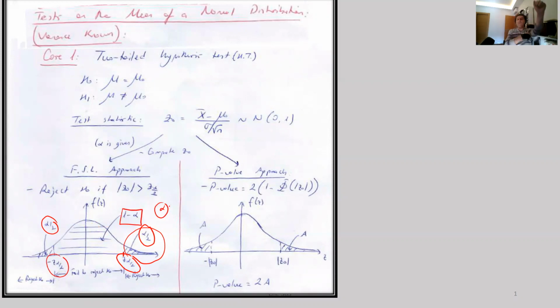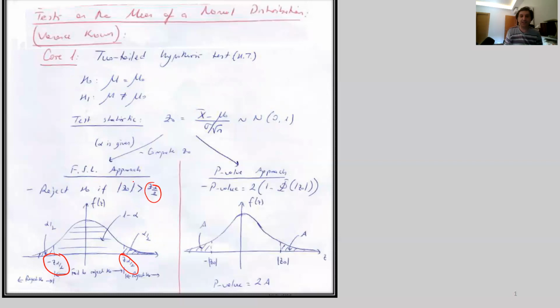So the region between minus z alpha over 2 and z alpha over 2 is going to be equal to 1 minus alpha. So once we determine the z alpha over 2 given alpha, we check whether this test statistic is greater than this value, actually the absolute value. Why? Because we check whether z is greater than this one or smaller than this one. In other words, we check whether the absolute value of z0 is going to be greater than z alpha over 2.